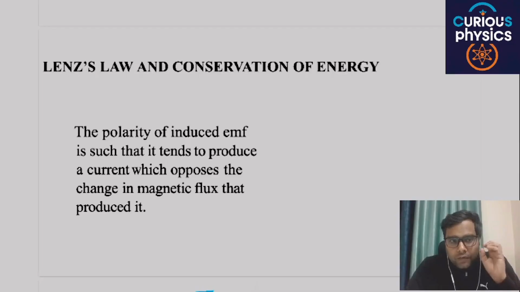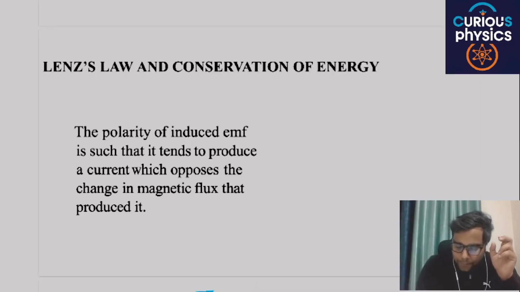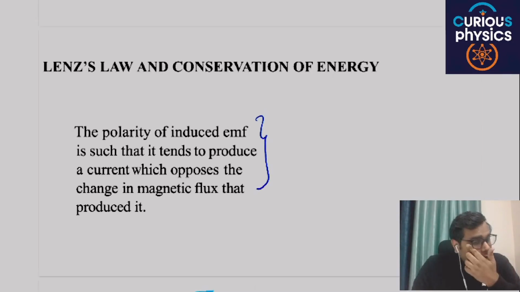The concept of Lenz's law will give you the basic idea behind how to find the direction of current or induced EMF. The basic statement of Lenz's law is: the polarity of induced EMF is such that it tends to produce a current which opposes the change in the magnetic flux that produced it.